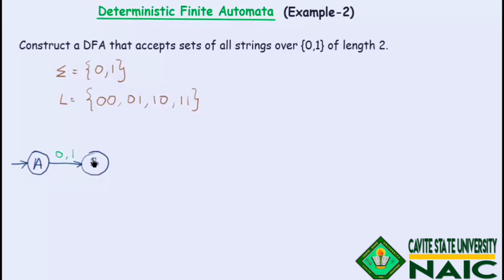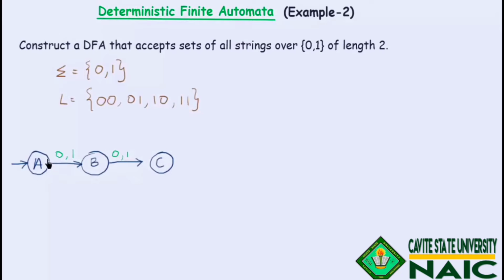At this point in B, we now have to mention what happens if I get either input 0 or 1 in state B. So whether I get input 0 or 1 in state B, I send it to the next state, which I call state C.